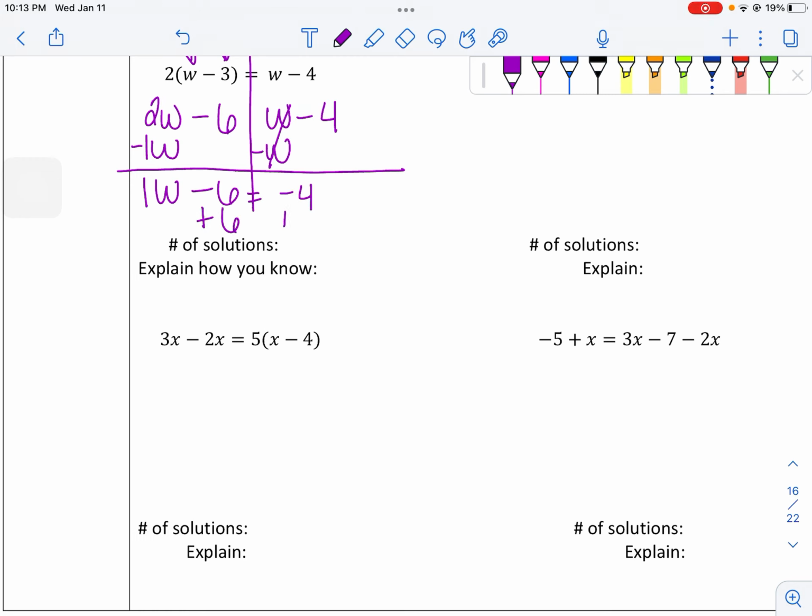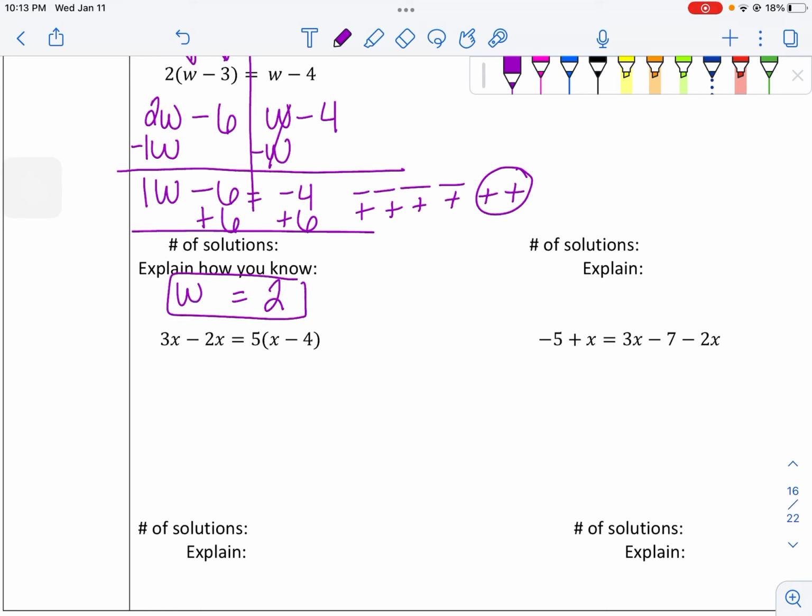And then add 6. And we're going to get 1w, or w, equals -4 and +6 have different signs. Find the difference between them, so +2. And so we knew it was one solution because essentially the equations were different.